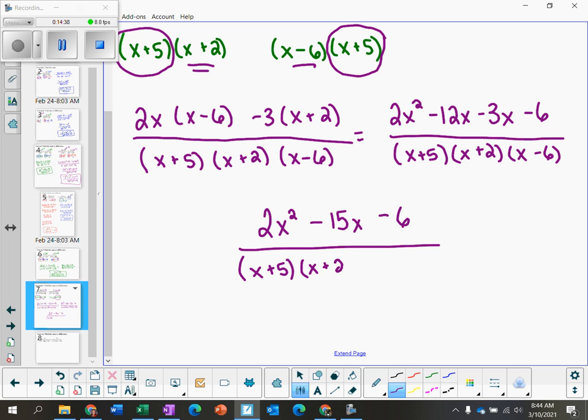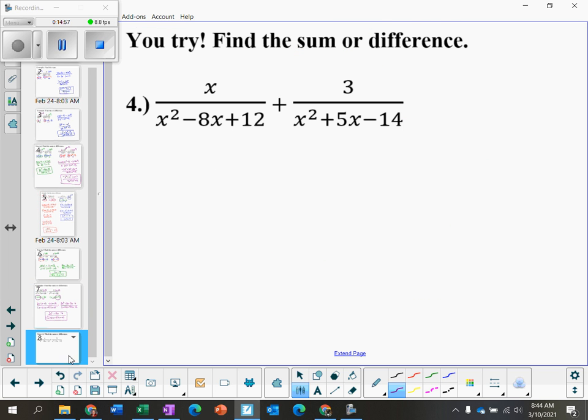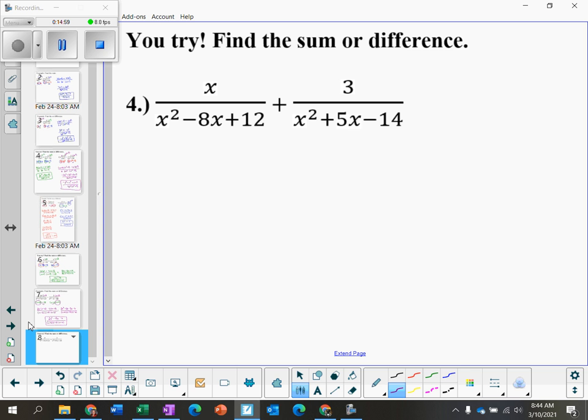If I look at this problem, 2 times negative 6 is negative 12. No two numbers are going to multiply to negative 12 and add to negative 15, so I cannot factor the top. There won't be anything for us to cancel out. And that's our final answer for that one. So you're going to try the very last problem, pause it, and I will show you the answer.